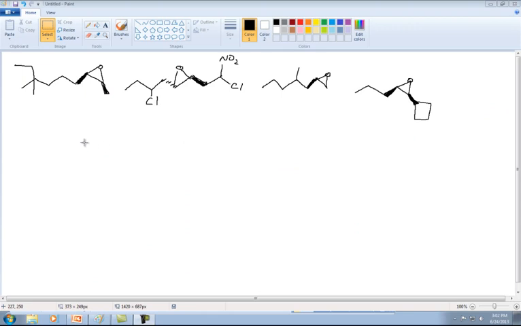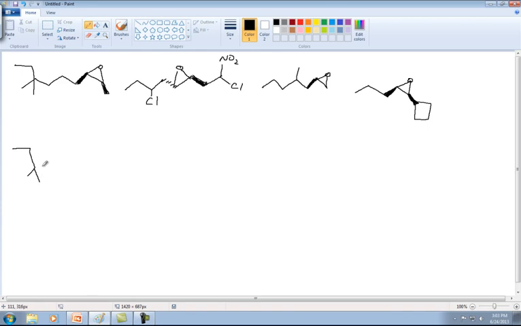Here are some examples of naming epoxides. So the first thing we do is look at the epoxide and we see that it's cis. Now I'm going to write down the alkene from which this would have been prepared.